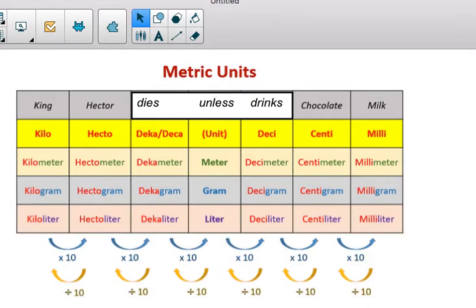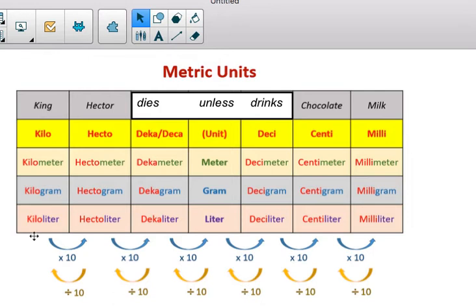Now, the capacity for liquid is a liter. To tell you the truth, I'd never heard about the decaliter or hectoliter. I'd never heard about the kiloliter either. It might be used if you build a dam and you're talking about a lot of water, but I've never been an engineer in that field.